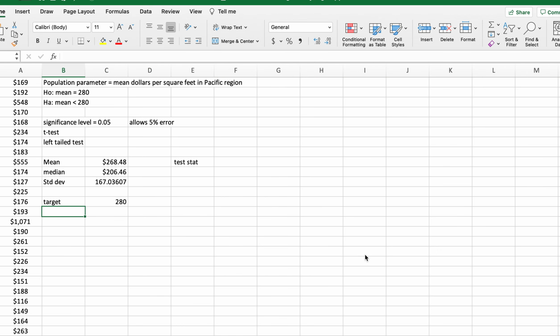We divide by the standard error, so let's calculate the standard error. What is the standard error? It's the standard deviation divided by the square root of n. n is the number in the sample, which is 750.